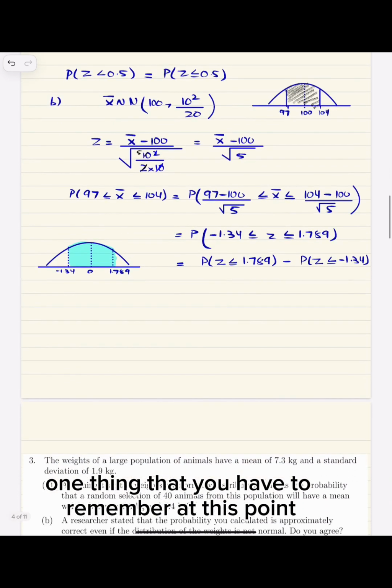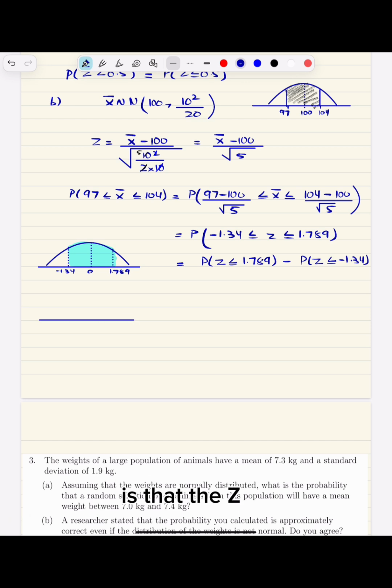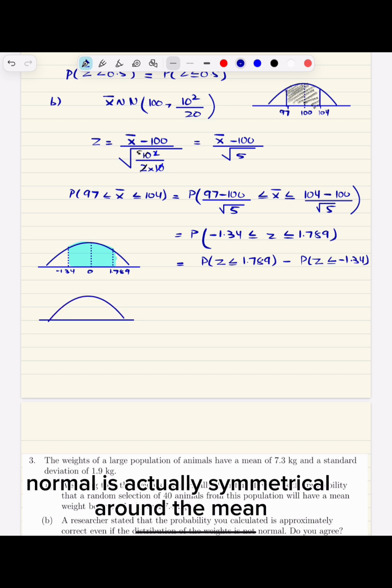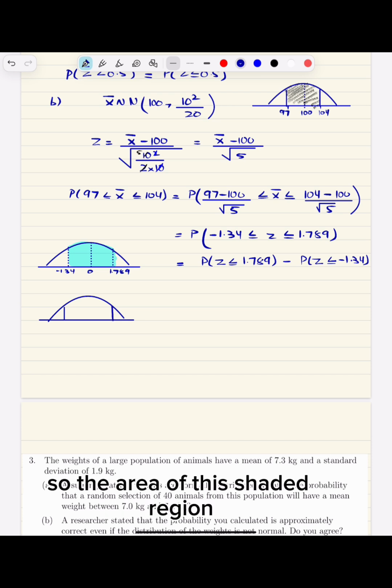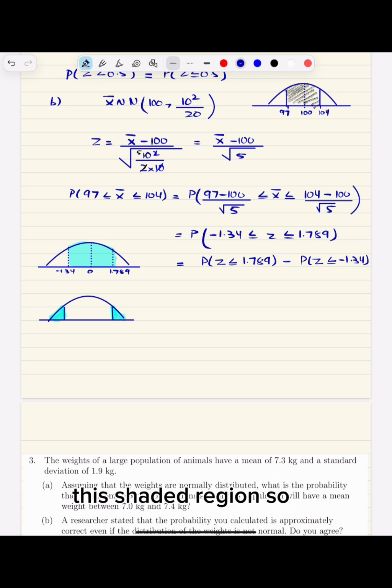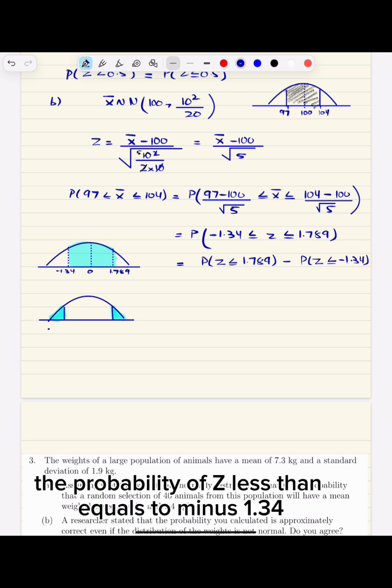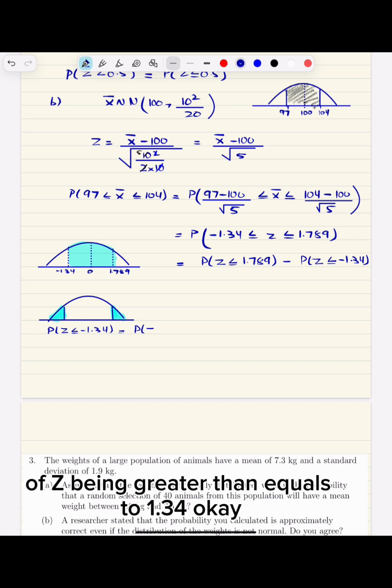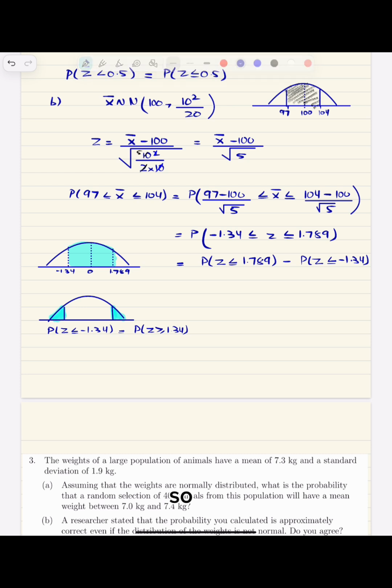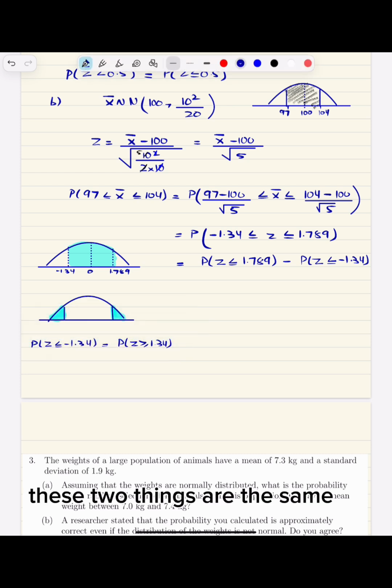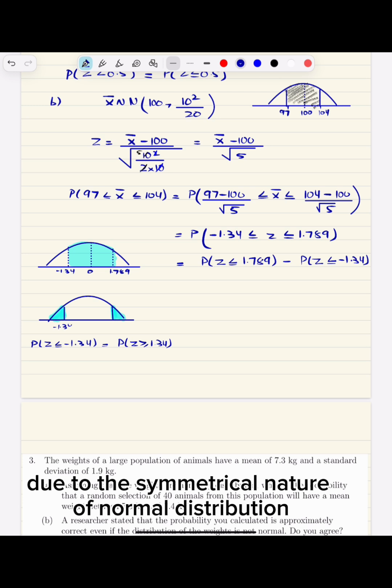One thing to remember is that the standard normal is symmetrical around the mean. So the area of this shaded region is exactly the same as this shaded region. The probability of z less than or equal to minus 1.34 is exactly the same as the probability of z being greater than or equal to 1.34. These two are the same due to the symmetrical nature of the normal distribution.